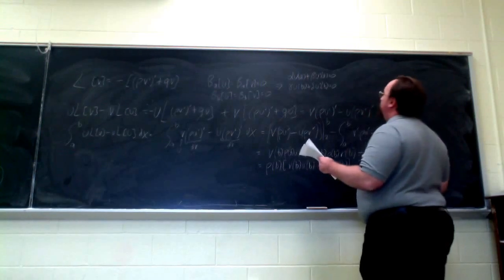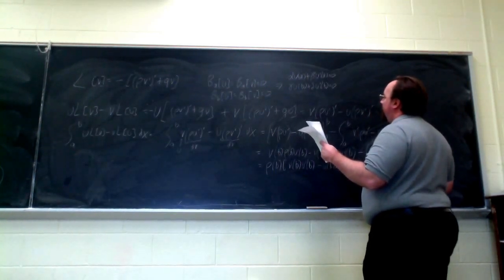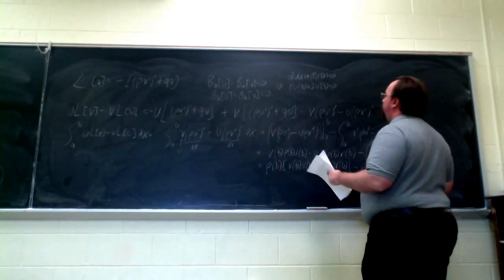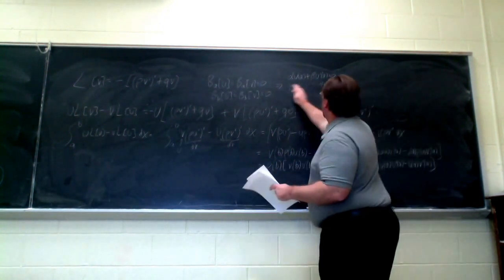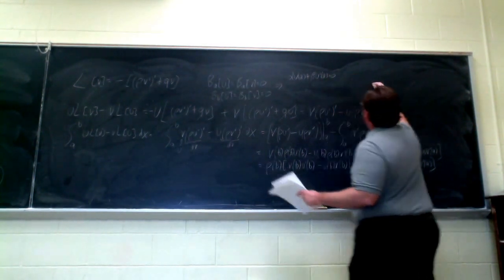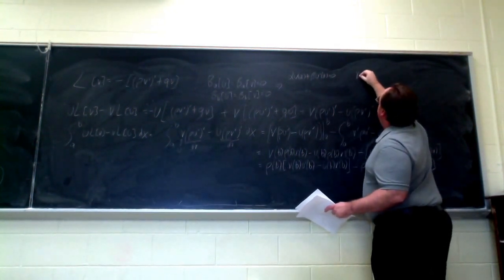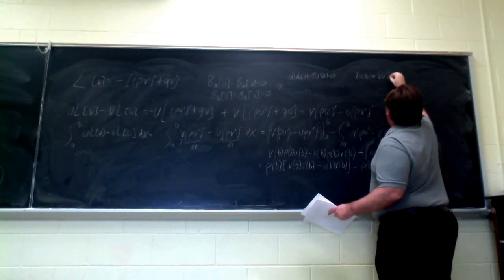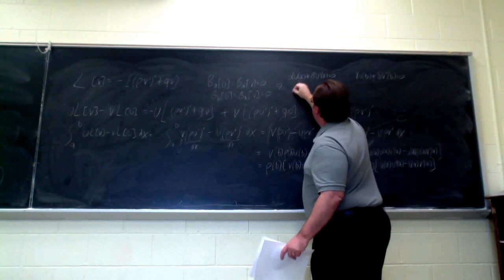I'm going to put all the x equals a stuff over here and the x equals b stuff over here. So gamma u of b plus delta u prime of b is 0. And then the same thing for v.